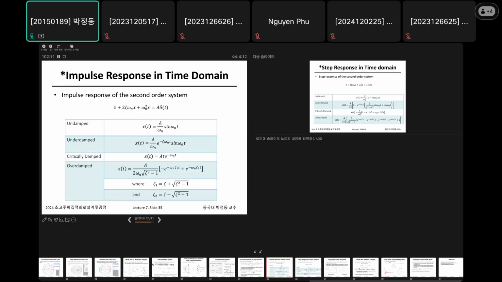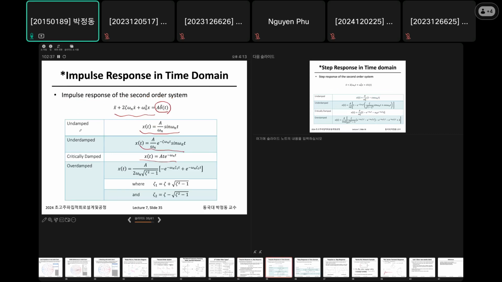Okay. So the second order system here, we put the perturbation function as a delta, which is impulse. Then using Laplace transformation, you can easily get those equations.